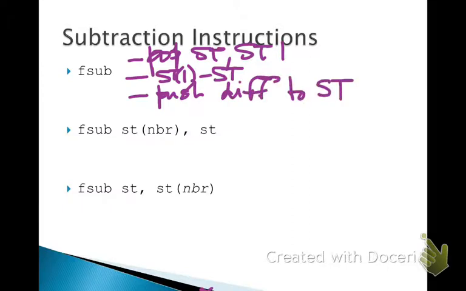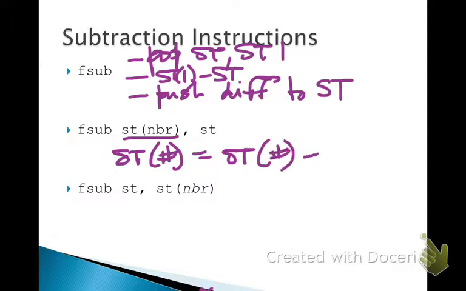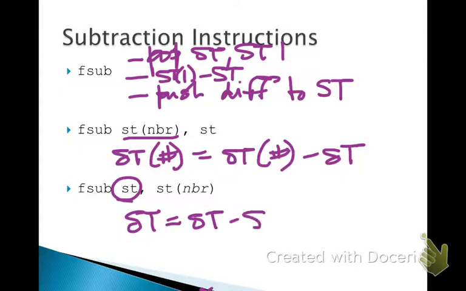Okay? Alright, F sub, ST number and ST, again I have a default destination. So let's just say ST num is going to be overwritten by the difference ST num minus stack top. In this case, my destination is the stack top, so stack top will be overwritten by the difference ST minus ST num.